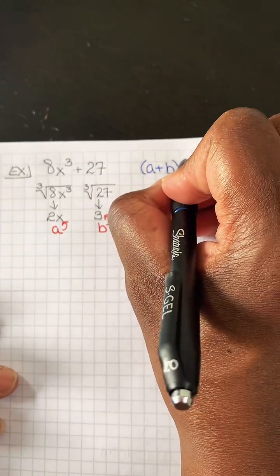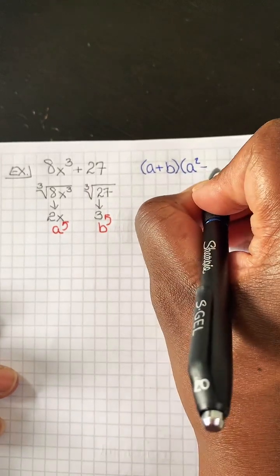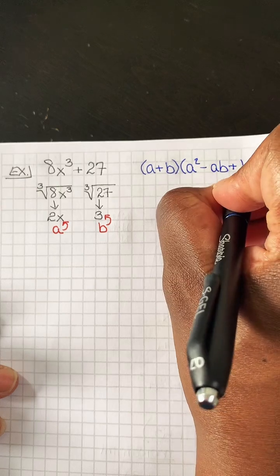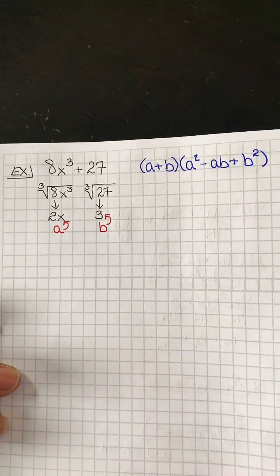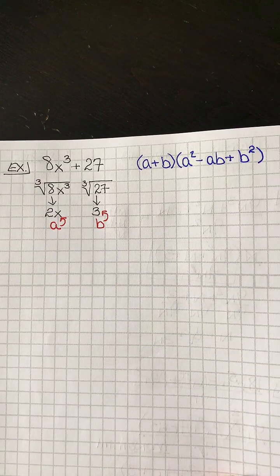And then what happens is we have A squared minus AB plus B squared. All right. Not my X. Nope, no. Where 5 squared comes from?